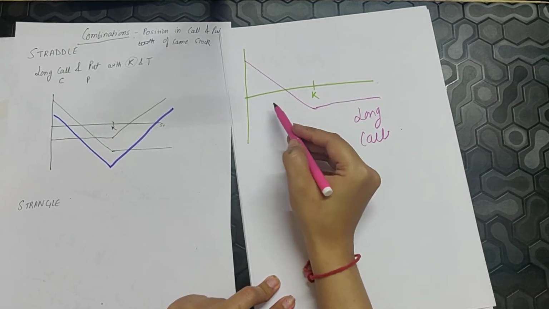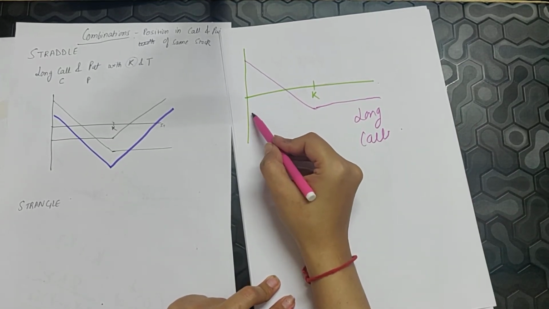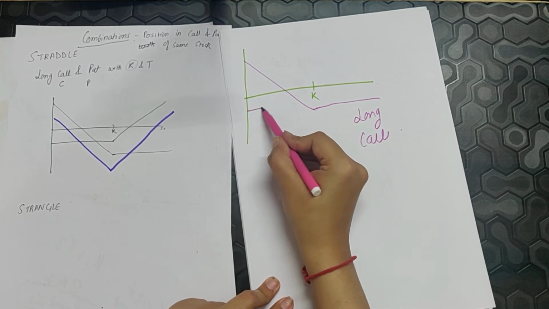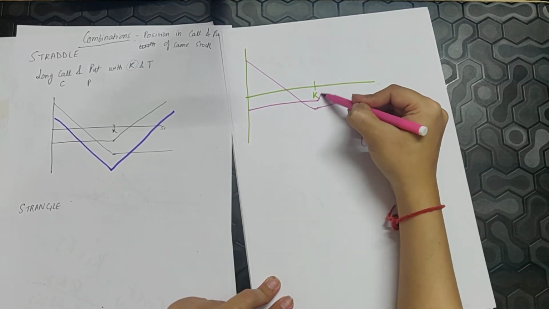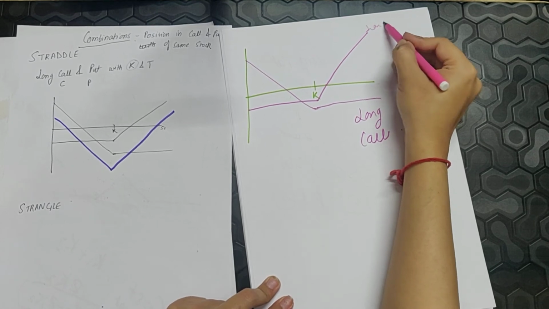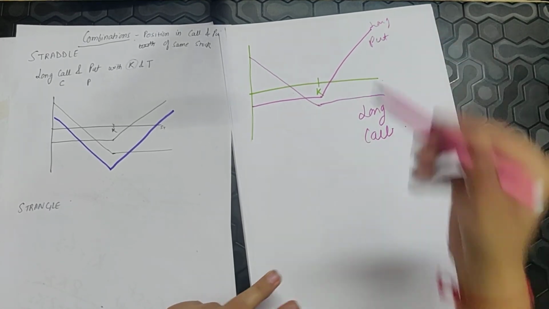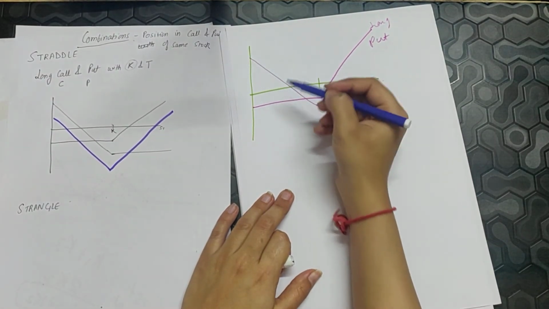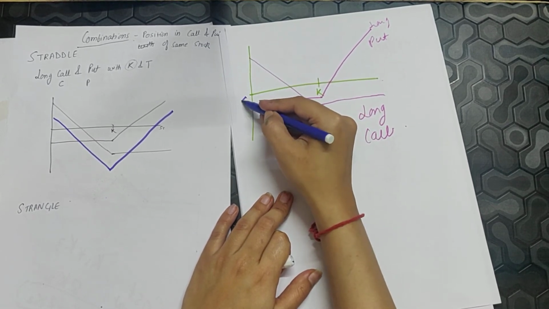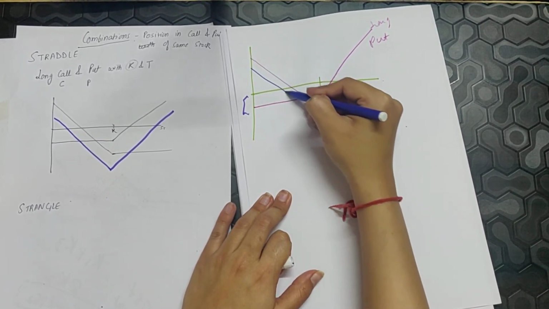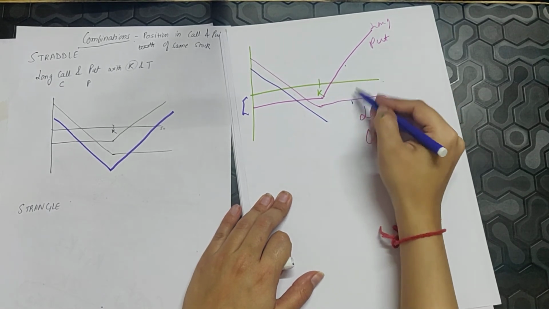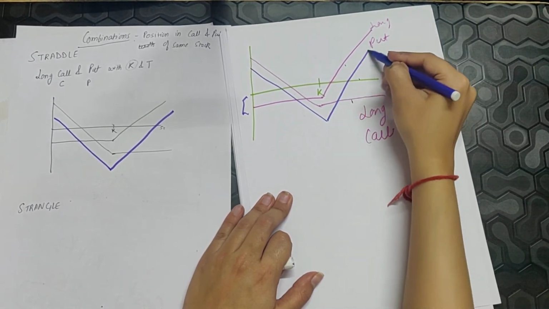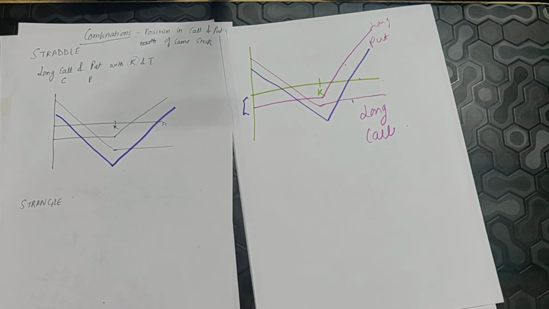And for long put, if I am assuming that call premium is more than put premium, this is the diagram for long put. The final payoff from this strategy appears like this: profit is reduced by this value and this profit is reduced by this value. That's how my straddle strategy looks.